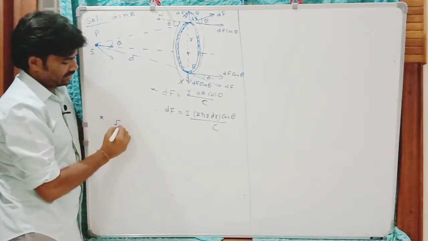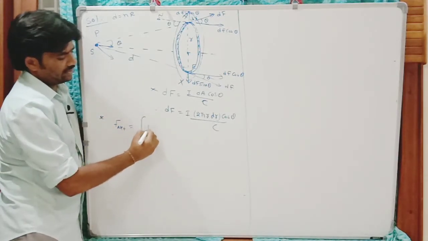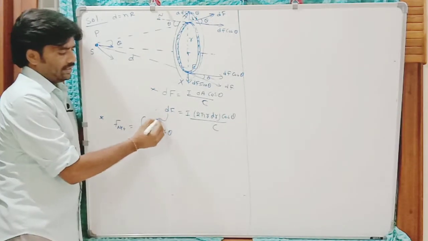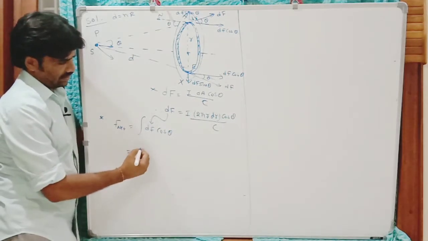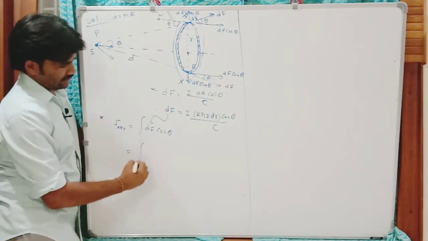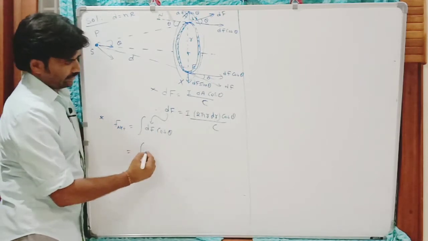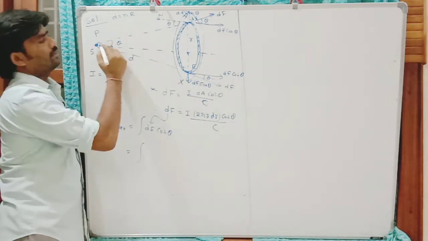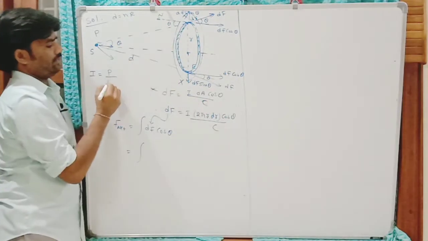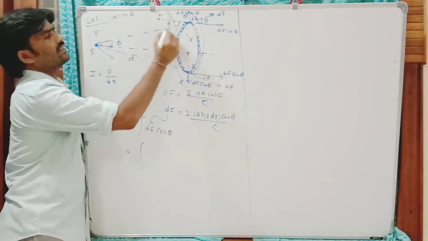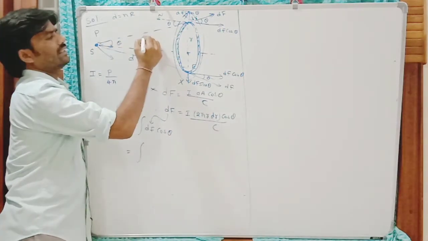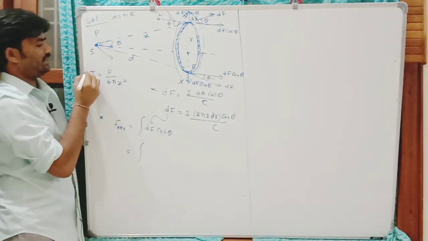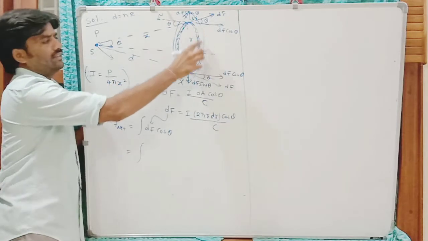So the net force on the disc is what? Integration of dF cos theta. Write this dF here, then you will have I. What is I here? I equals radiation power by 4 pi times the distance squared. If the distance of this edge of the ring from the source is x, let us take this as x squared. This is the intensity of radiation on the edge of this ring.